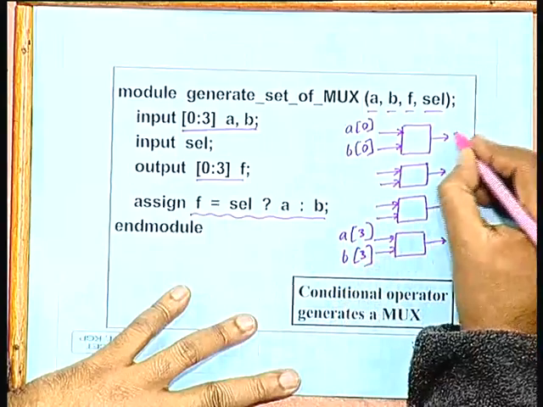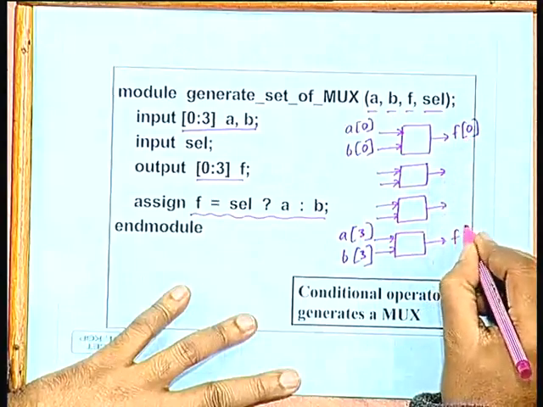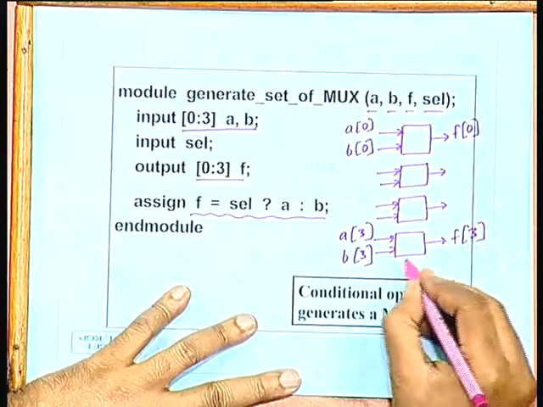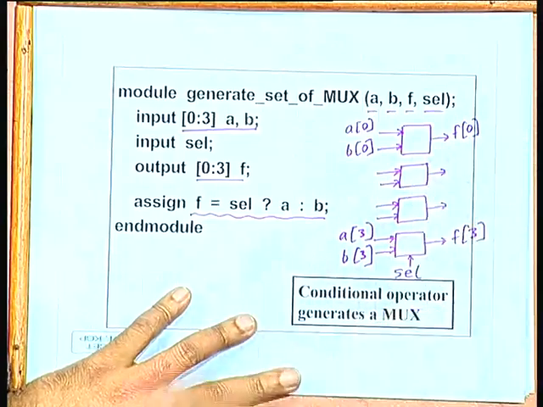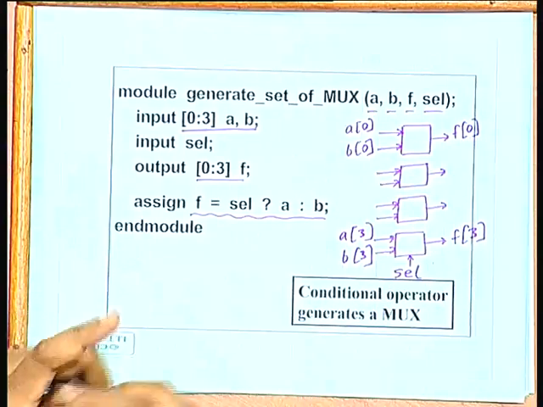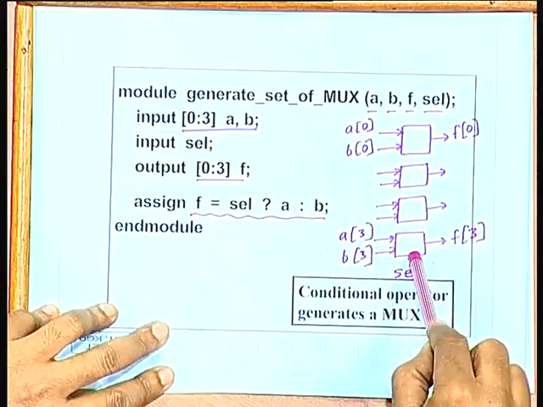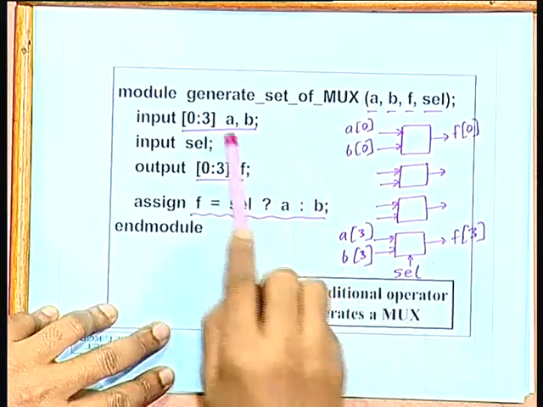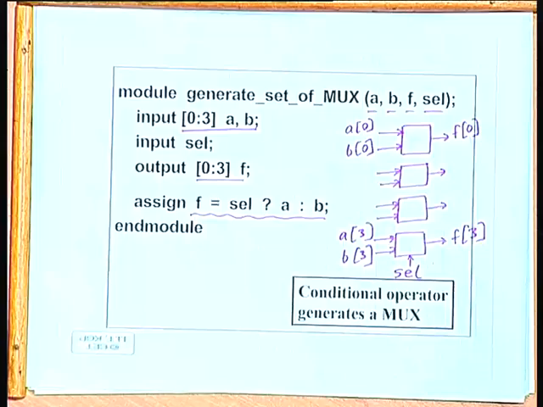Similarly, the output will be F0, F1, F2 and F3, and all of them will be driven by the same select line SEL, all the 4. So, this single statement will represent a set of multiplexers, the number of which will depend on the size of the vectors. These are implicitly synthesized.